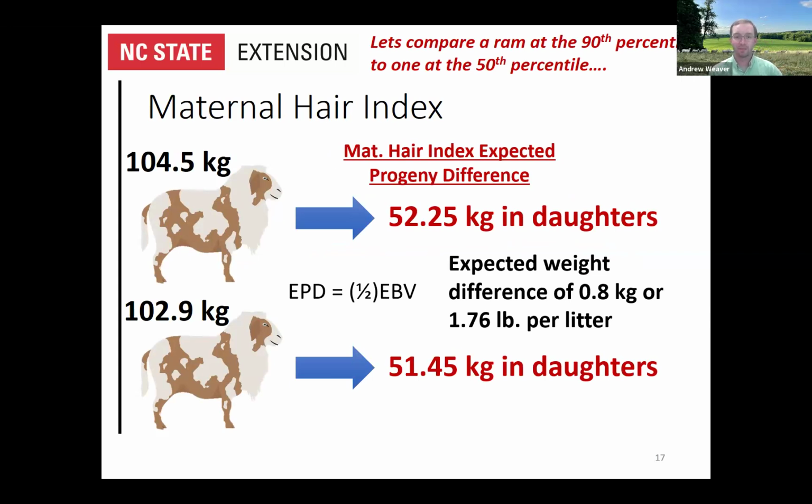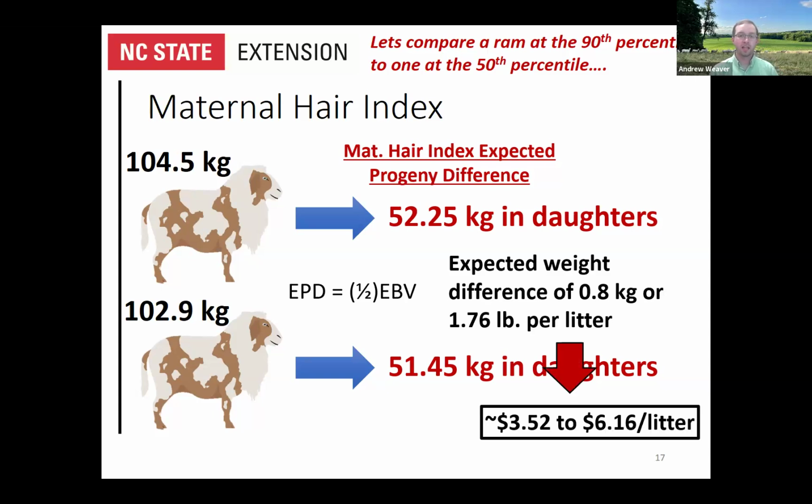And that's every time they lamb. So, hopefully our replacement females, those daughters, would have multiple lambing seasons in their lifetime. And so we could certainly extrapolate that out over lifetime productivity. And so if we compare that to market value, it could be $3.50, upwards of $6 or more in value per litter. And that's at every lambing event.